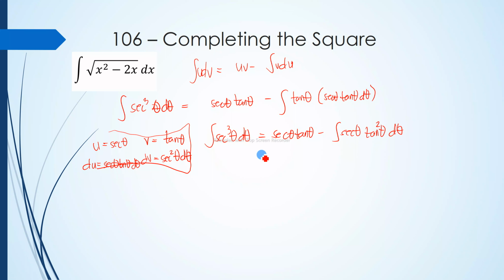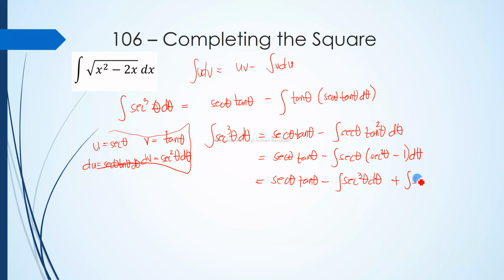Tangent squared theta we convert again into secant: secant theta times secant squared theta minus 1 d theta. So this is equal to secant theta tangent theta minus the integral of secant cubed theta d theta plus the integral of secant theta d theta.